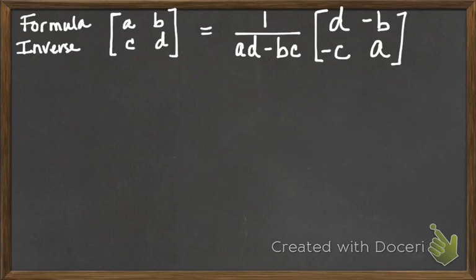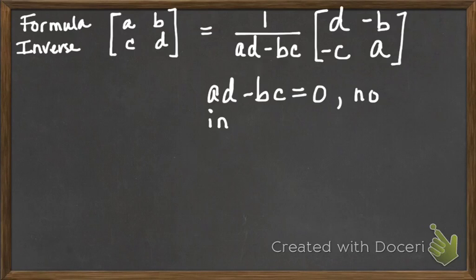Now, some matrices do not have inverses. So if A times D minus B times C is equal to, anybody want to guess? 0, okay, we say that no inverse exists.